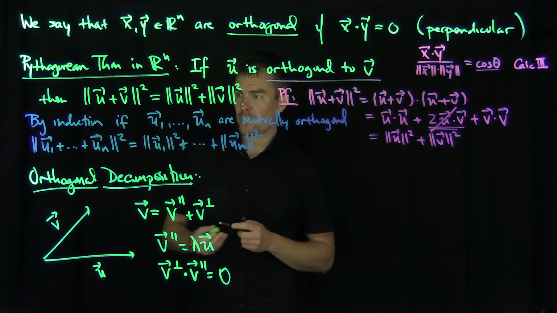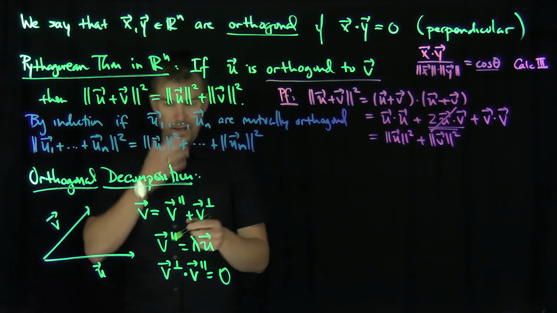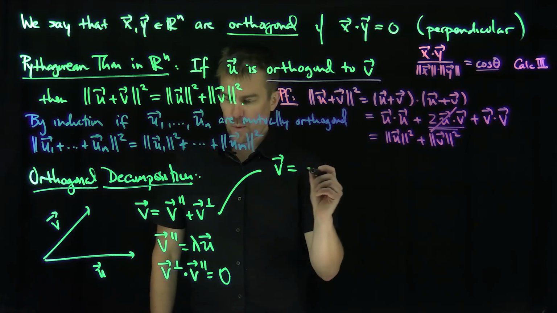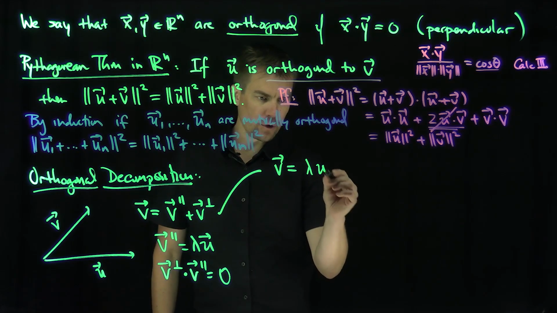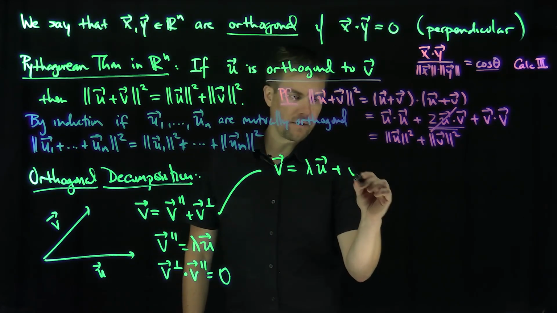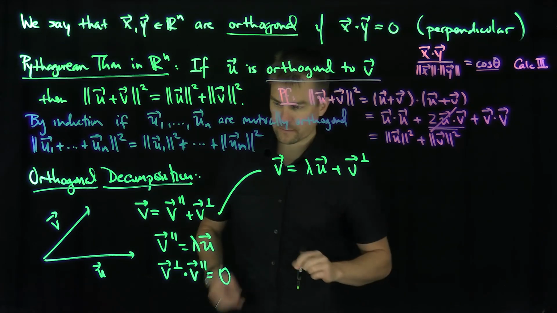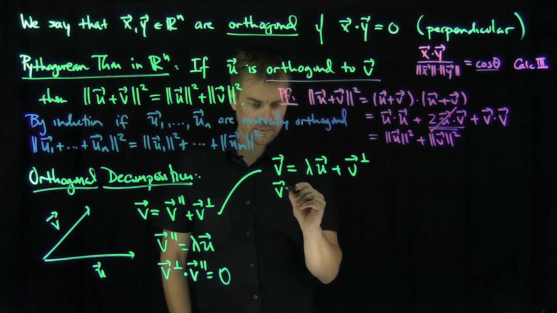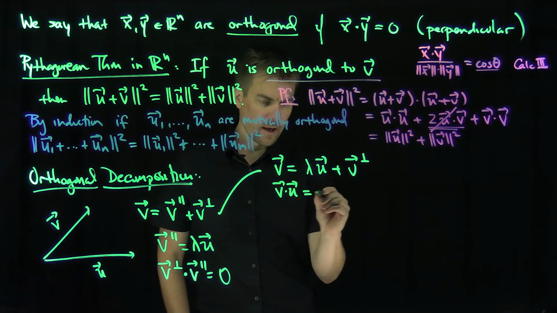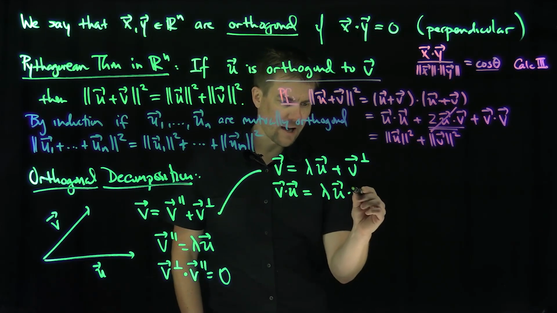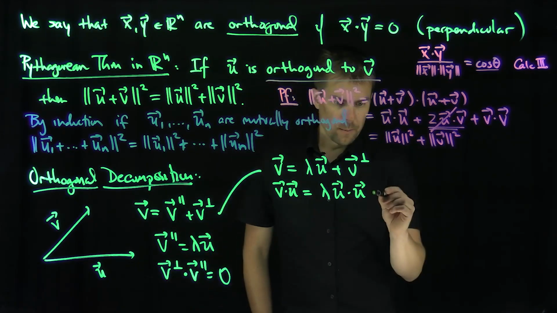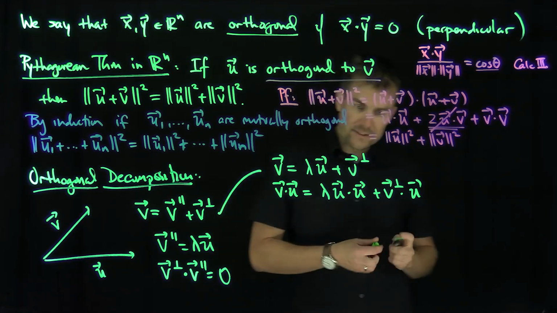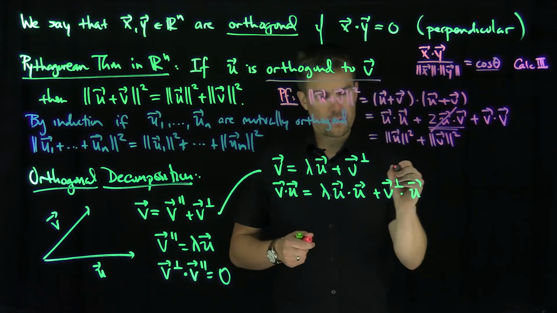So what will these conditions tell me? If I want to find out what this lambda is, I can write V is equal to lambda U plus V perpendicular. And I'm going to dot both sides with U. So that says that V dot U is going to be lambda U dot U plus V perp dot U. But by assumption, V perp dot U is equal to 0, because they're perpendicular.